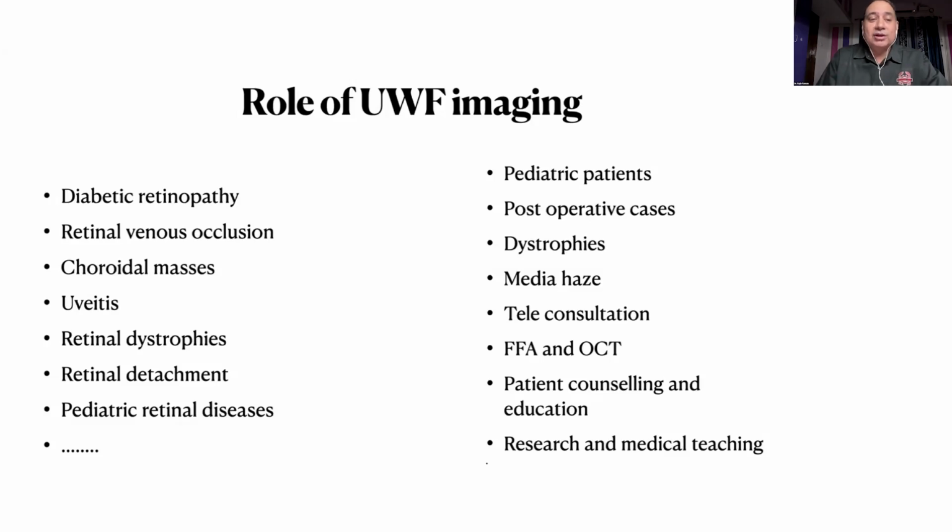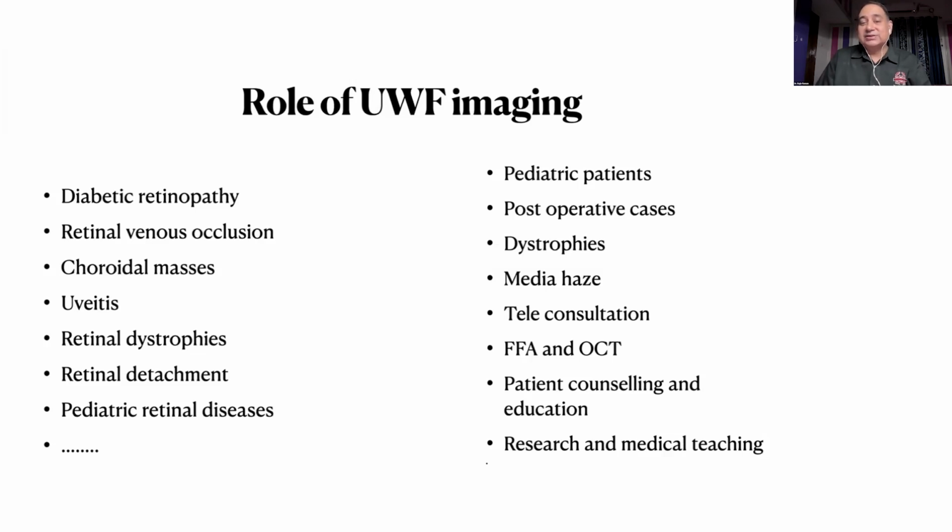It has a major role because many of the lesions are in the mid-periphery and periphery of the retina. It has a role in retinal dystrophies, in retinal detachment, and pediatric retinal diseases. And if I take overall children who are very uncooperative for doing a peripheral exam, these ultra-wide field images are definitely a boon. In post-operative cases where the view is a bit compromised, again, ultra-wide field imaging plays a role.